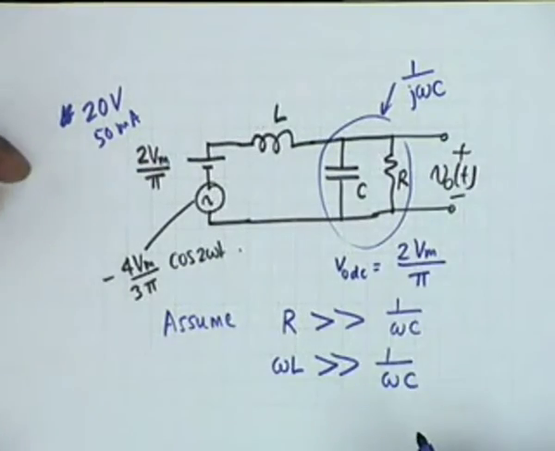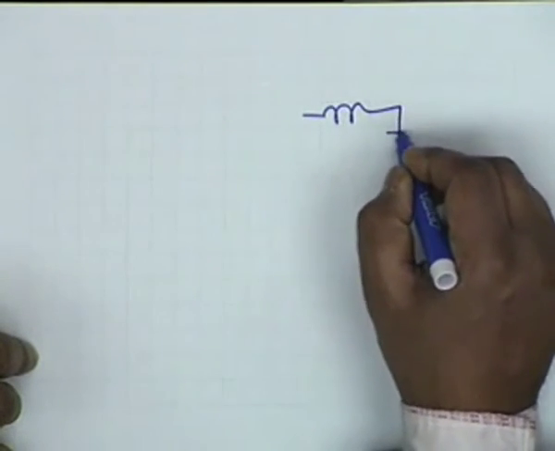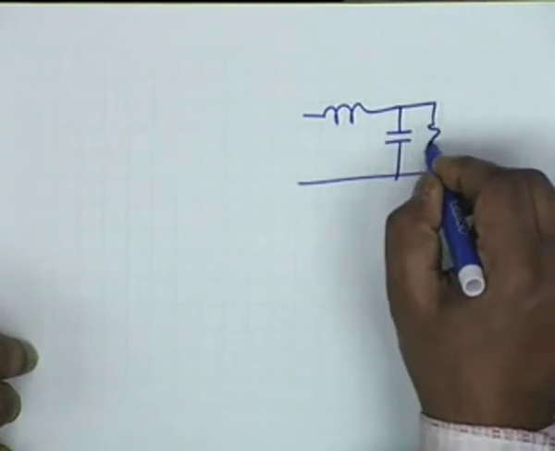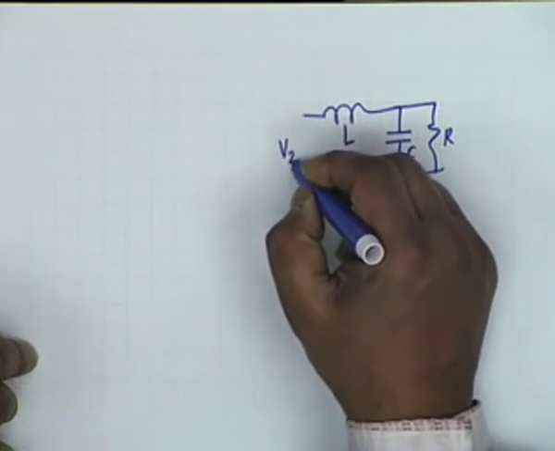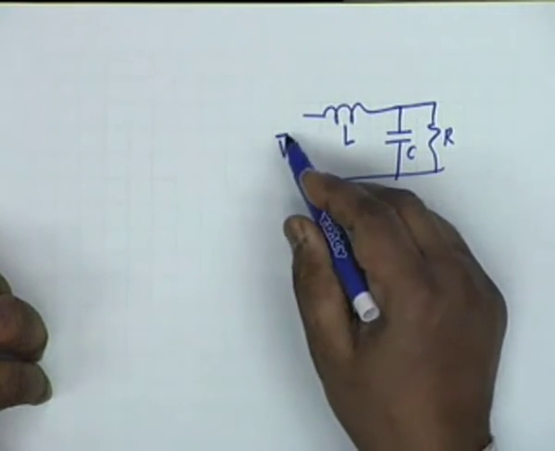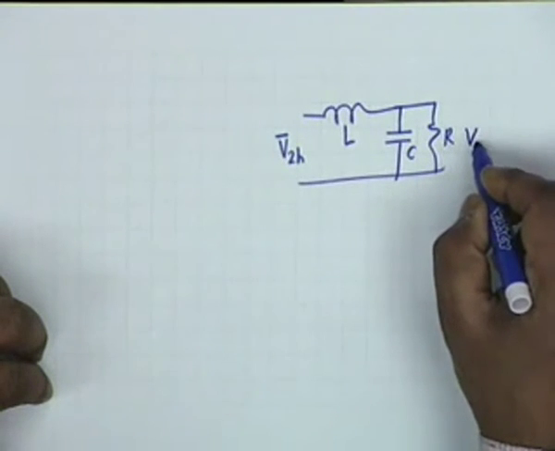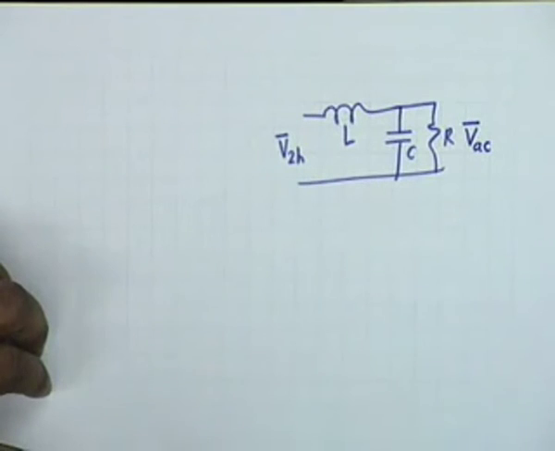Under these conditions, you see the voltage phasor for the output, the AC phasor for the output, that shall be simply equal to, if I draw this circuit again, L, then C parallel R. Suppose the second harmonic phasor is V2H, and suppose this phasor is VAC at the output.